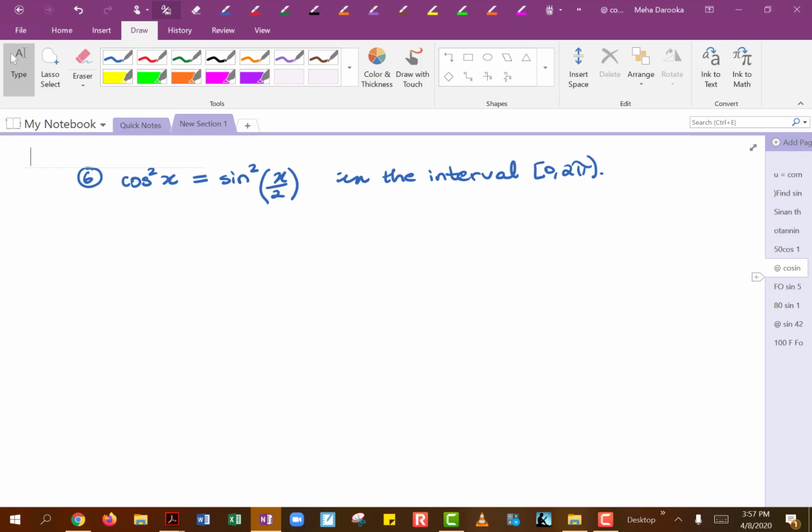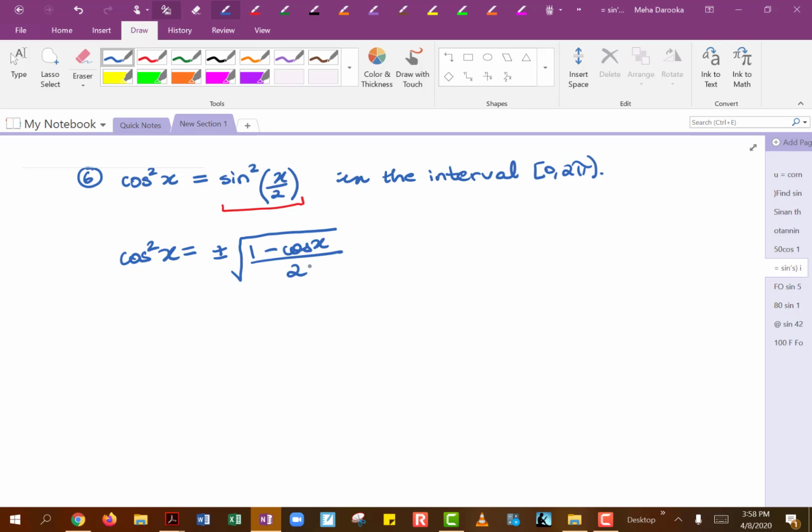So we're of course going to start with the half angle formula and substitute the right hand side. We're keeping our left hand side as it is, and since we don't know which quadrant these angles are going to be in, we're going to keep our positive and negative sign. So sine of x over 2 will become the square root of 1 minus cosine of x over 2.